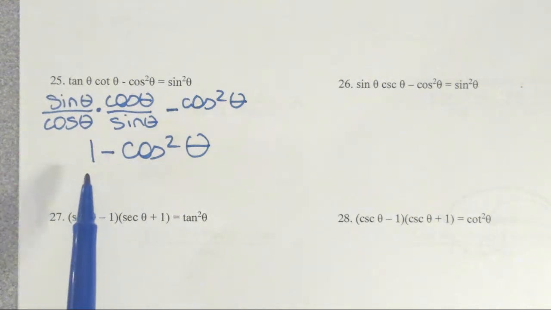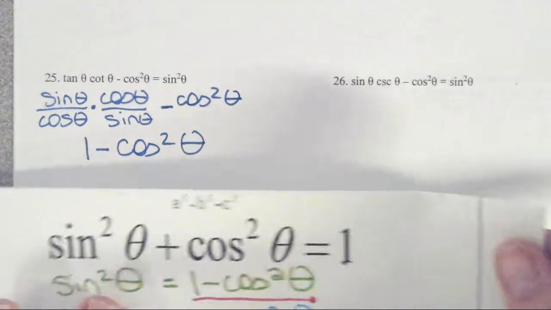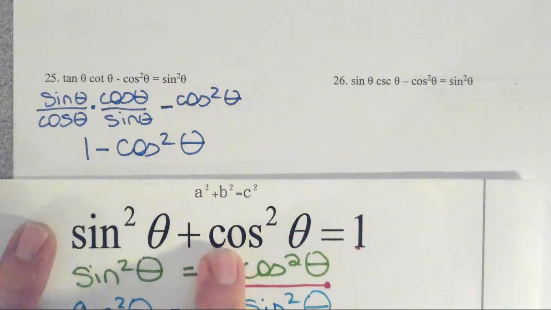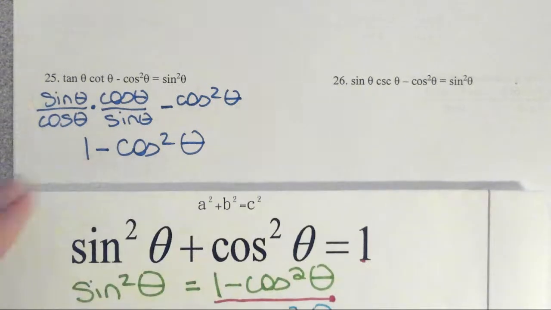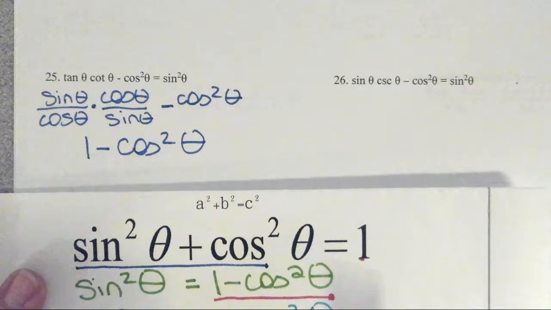I know that I can rewrite this 1. I know right here that if I had a 1, I could rewrite it as sine squared plus cosine squared. So in place of this 1 right here, I'm going to write both of these words.